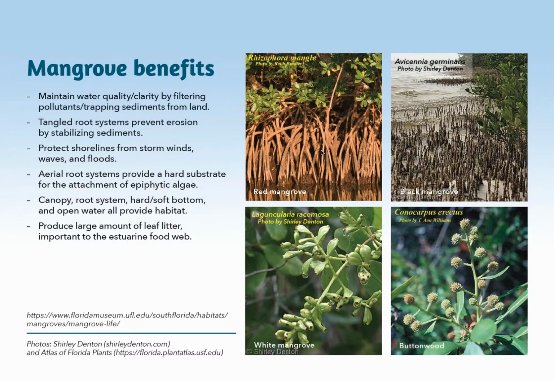So in this slide, you're looking at the 3 species of mangroves that we've got. The red mangrove on the upper left here with the aerial roots. And then the photo on the right is black mangrove. The red mangrove is the one that's closest to the water. The black mangrove would grow just slightly to the back of that.